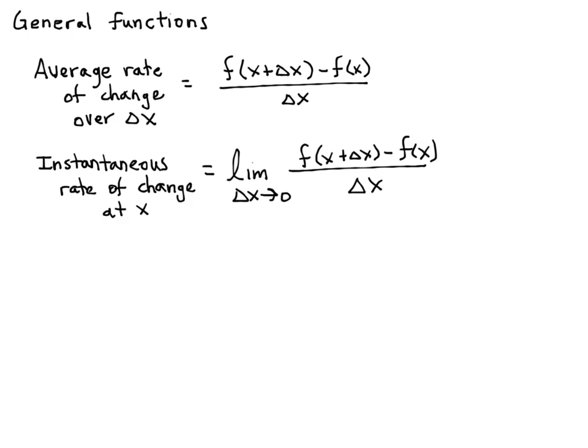So obviously we can't make delta x 0 because we're dividing by 0. But if we take really, really small values of delta x, we still have a slope of a little tiny line segment that has a very definite slope. And so this notion of a limit here means that I'm going to go as close as I want to, but not exactly equal to 0.